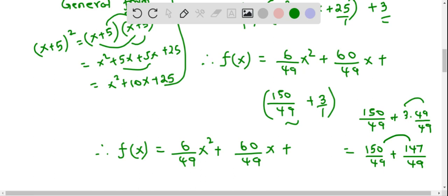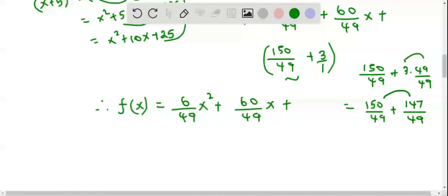We now add these two numerators because we have the common denominator 49. So 150 plus 147 is 297, over 49. So I put this constant, 297 over 49.